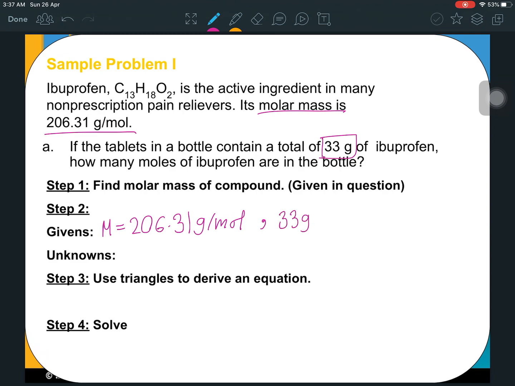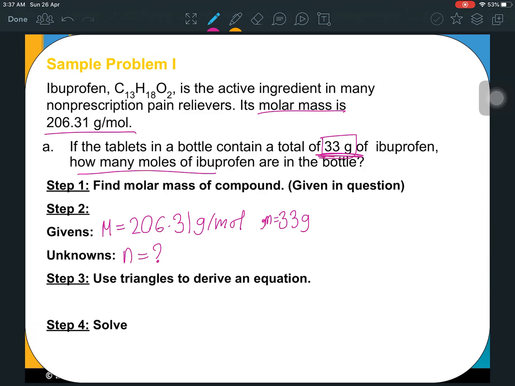This is because this is the number of grams, or the mass, of ibuprofen that is found in one bottle of whichever type of bottle they're talking about. And what I'm looking for here is how many moles? So I know that N is equal to question mark. I don't know what it is. I've got to look for it.